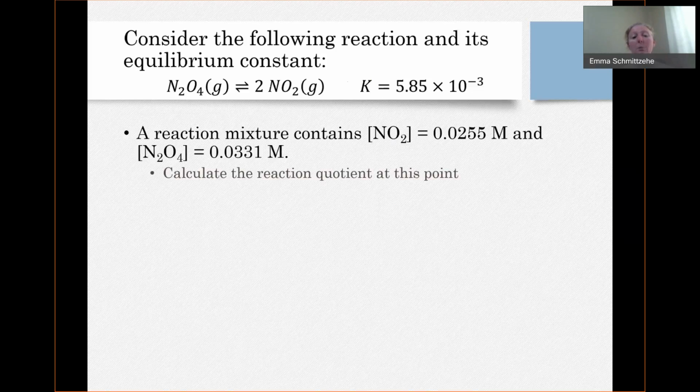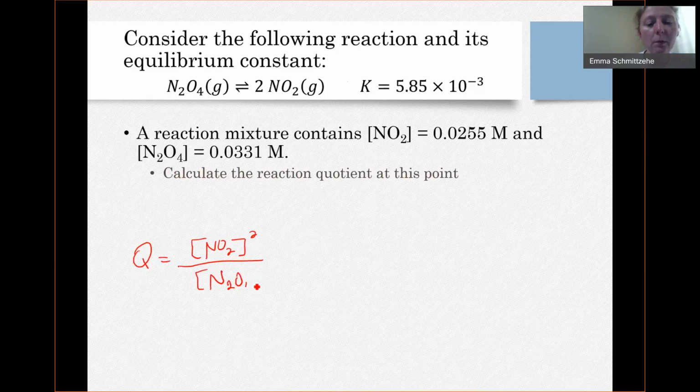At this point, with these amounts of NO2 and N2O4, I want to know what's the reaction quotient. So first, you probably want to write the Q expression. So Q equals NO2 squared over N2O4.